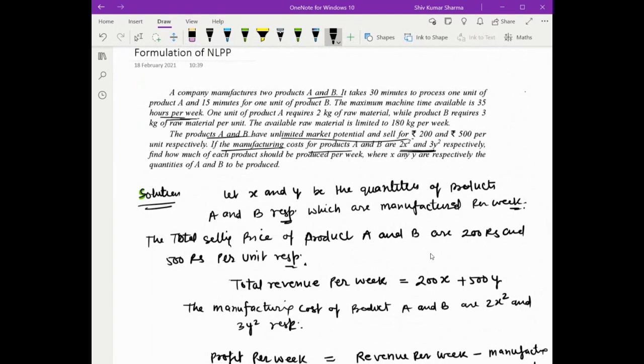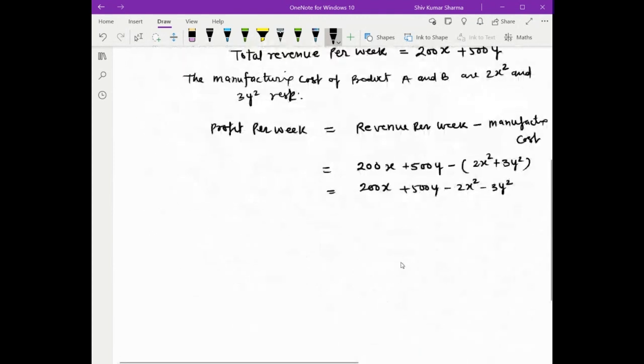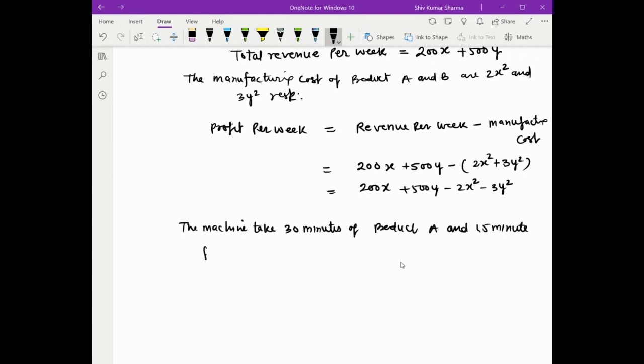It takes 30 minutes to process 1 unit of product A. The quantity of type A product we consider as X, and type B product we consider as Y. So the machine takes 30 minutes for product A and 15 minutes for product B.